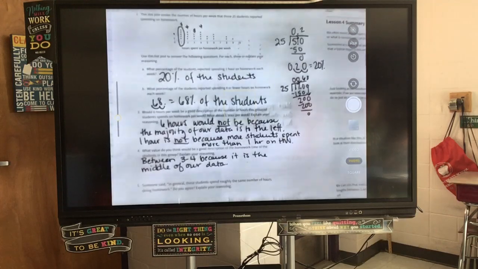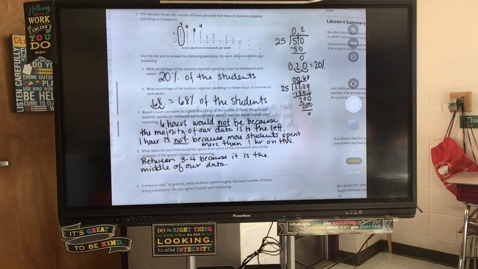So looking at this data, disagreeing is correct, but why? Based off of looking at our data, why would we say that they spend the same number of hours is not true? Because there's kind of a pattern. Obviously, we start with the highest being closest to the 1, and it goes down.